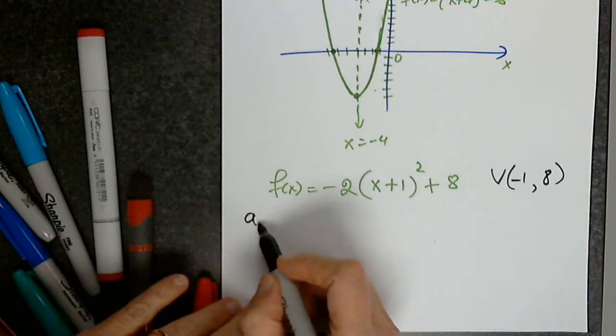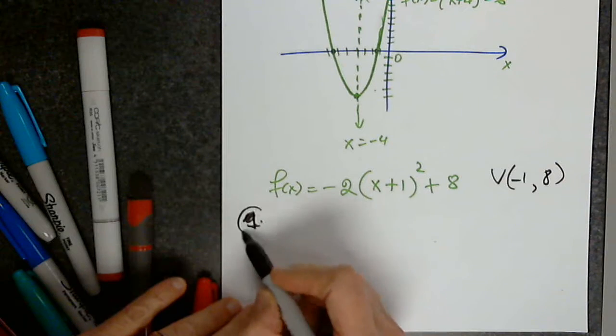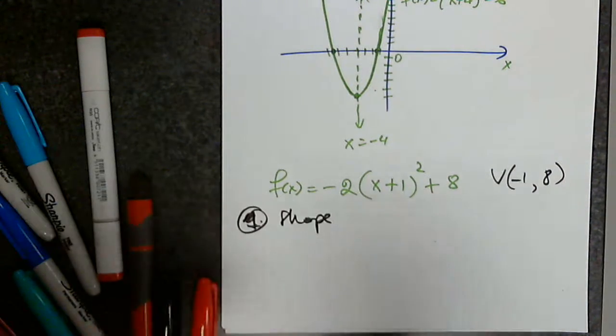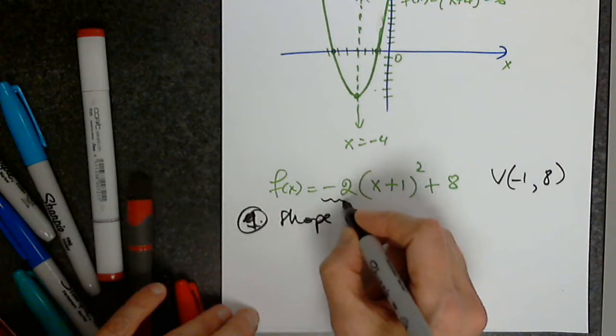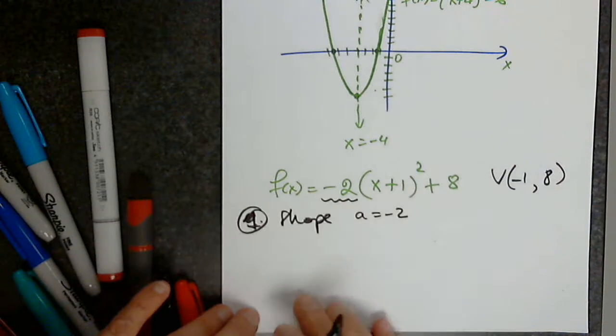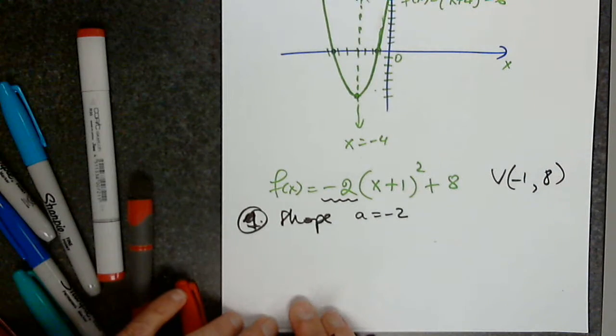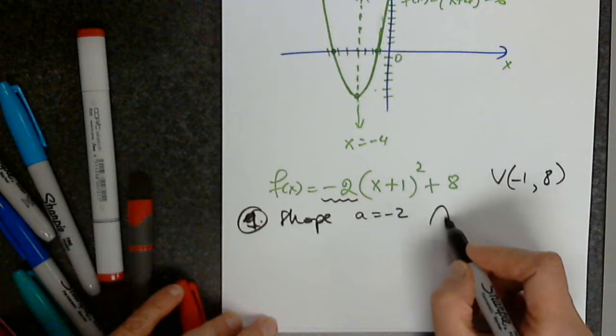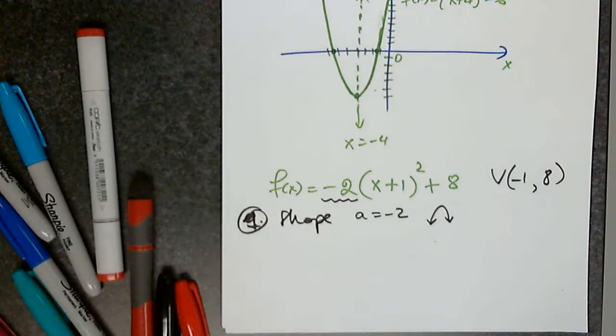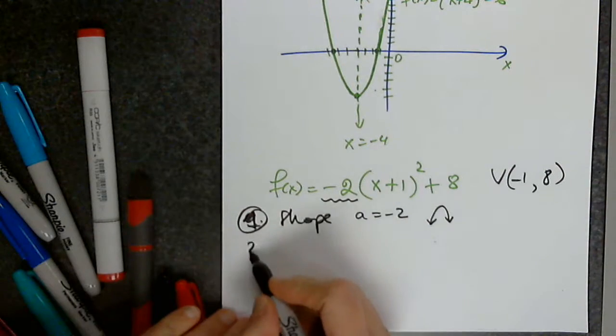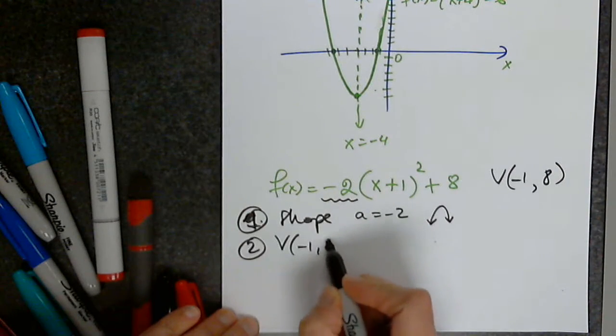Good. So in part A, or part 1, I want the shape. Now I have to be careful because this is A. So then A equals negative 2, so the shape is not a minimum but a maximum. Perfect. Okay, I have the vertex. That's number 2, negative 1, 8.